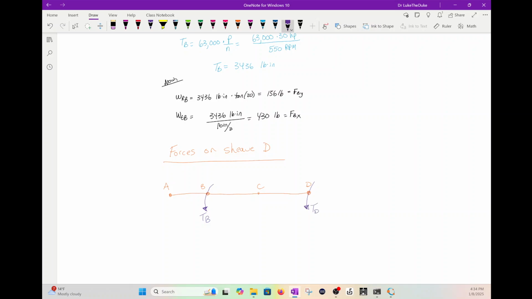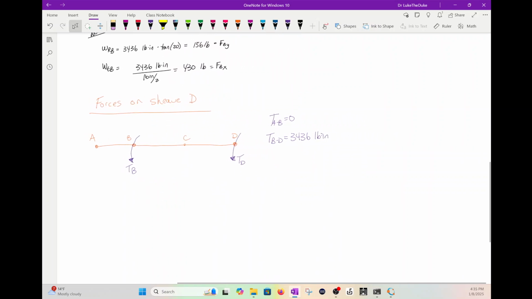All right, so the torque A to B is 0, but then the torque B to D is the 3,436 pound-inch. All right, that torque from that gear is being distributed through that shaft to that sheave.